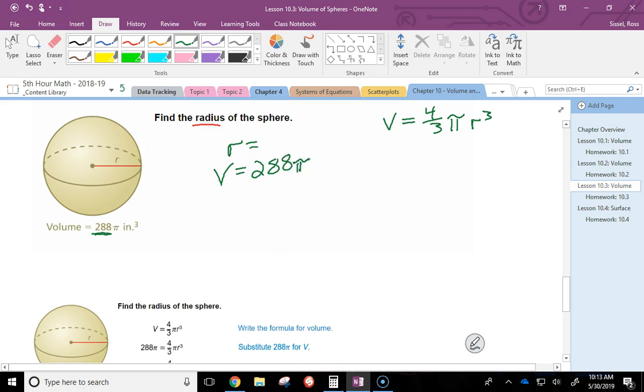So we have to make sure we put all that in. So I'm going to say 288 times pi is my volume, and it is going to equal 4/3 times pi, and we're searching for my radius.